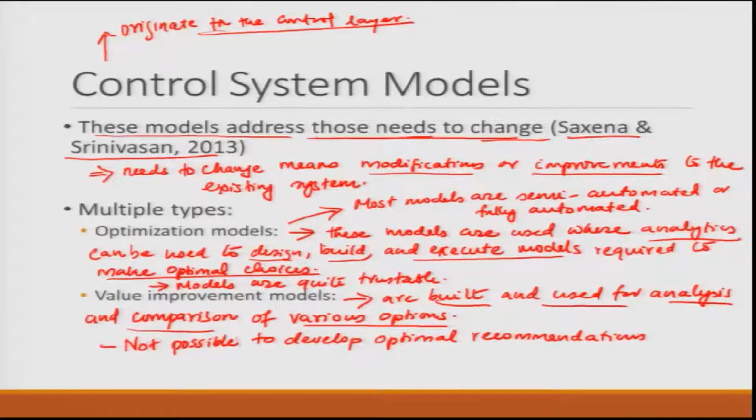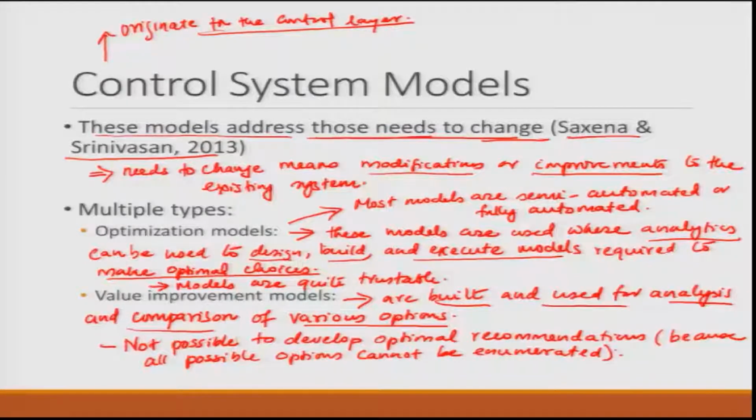Why? Because most of the time the options are not exhaustive, since all possible options cannot be enumerated. We cannot enumerate the entire option space, so it is not optimal, but it is a good enough decision as far as we are concerned.